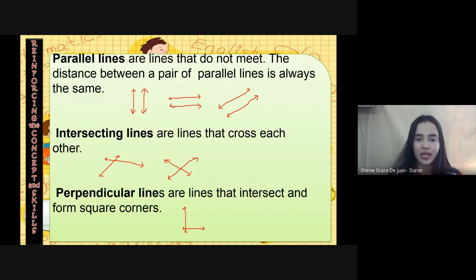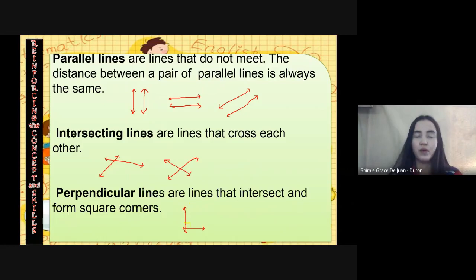That's why there is a square corner at the center of the two lines. So once again, that is a perpendicular lines.